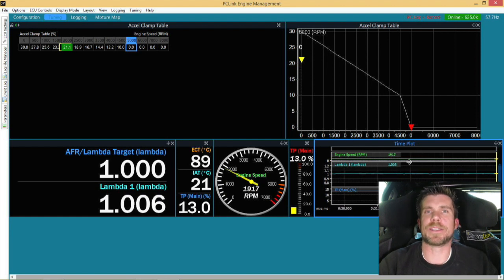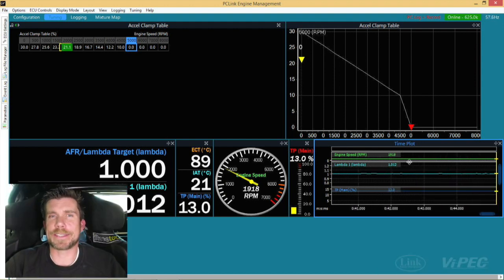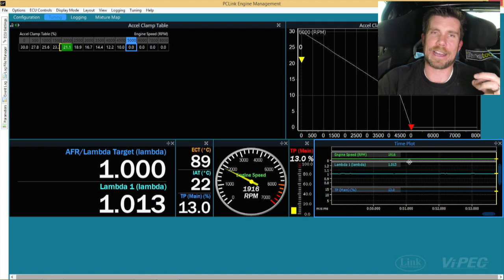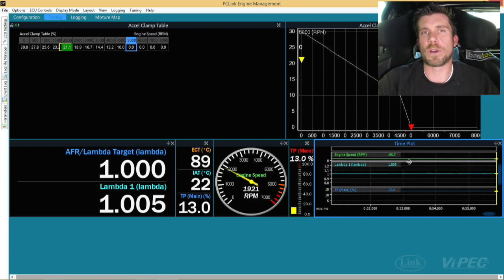My experience is that while the input from the lambda sensor is obviously valuable, telling us what the air fuel ratio is doing in the exhaust, quite often we can see a delay in that input, and quite often it can be impossible to get a completely flat line with no bumps or dips or troughs in our air fuel ratio.